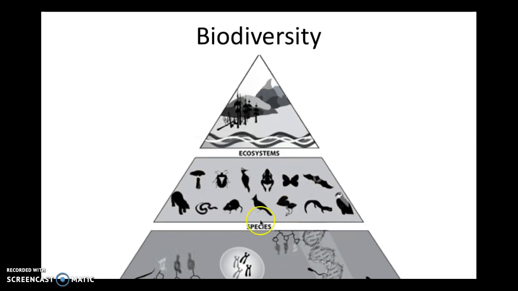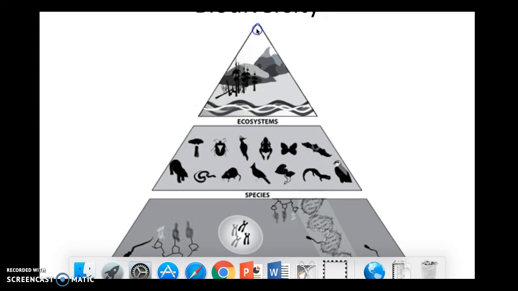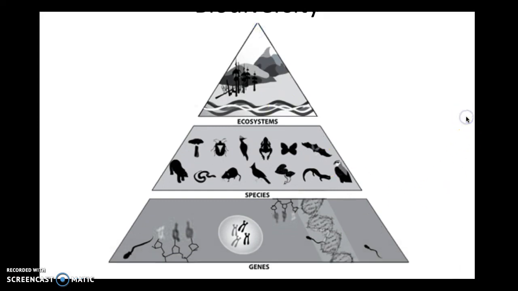So when we talk about biodiversity, and I'm sorry, this is kind of cut off here. If we look at biodiversity, there are actually 3 different things that you can be looking at. Ecosystems, which is the interaction of living and non-living things. There are the species, talking about solely living things when it comes to plants and animals. And there's also genetic biodiversity.